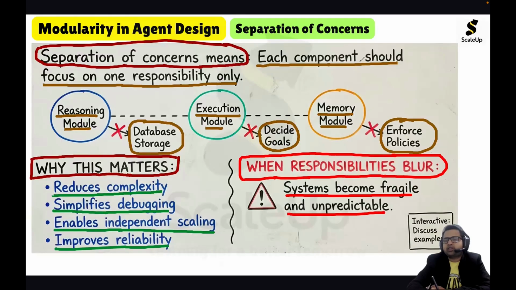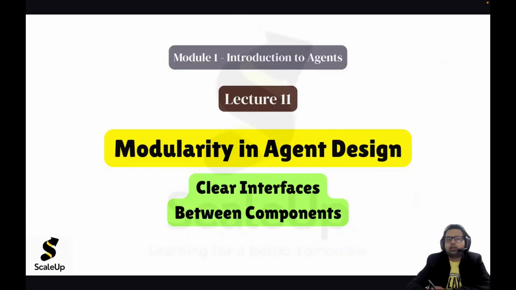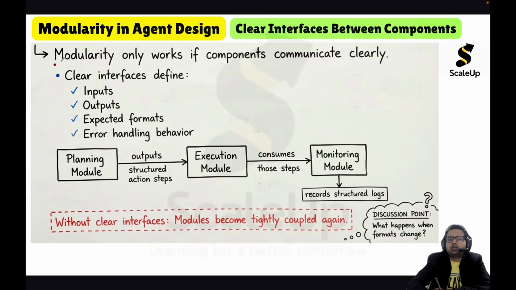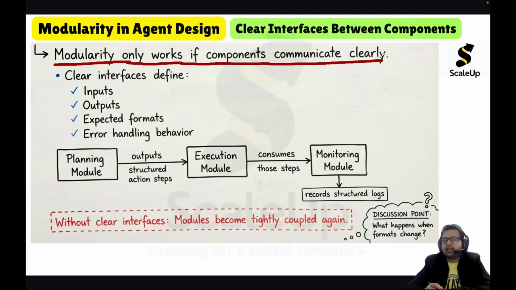So now separation of concerns is very clear to us, wherein each component is focused on one responsibility only. Next, clear interfaces between components. Modularity only works if components communicate clearly, and hence clear interfaces are very important.